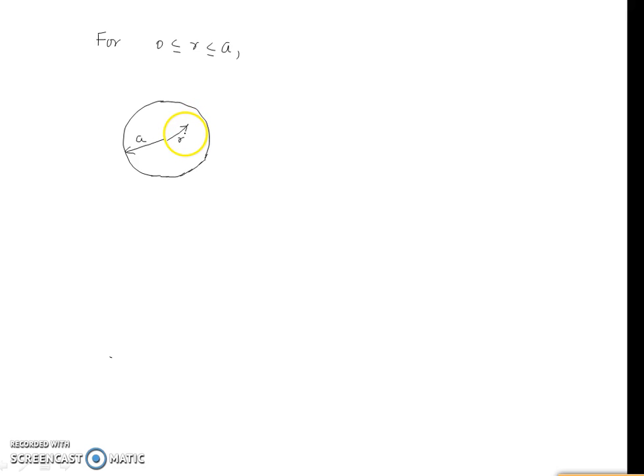A suitable Gaussian surface has to be selected. So in this case, since the charge density has a spherical symmetry, then the field has spherical symmetry, and so the appropriate Gaussian surface is a spherical surface of radius r.